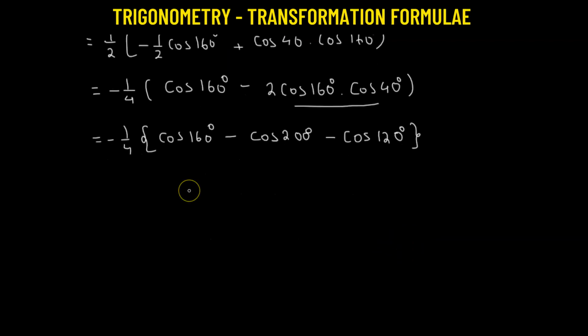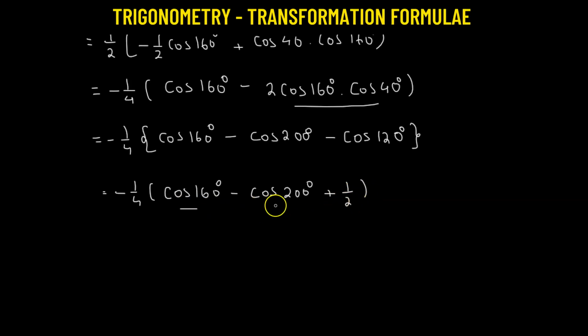Fine. So let's further simplify. Here we get negative 1 over 4 times cosine of 160 degrees minus cosine of 200 degrees. And we have already obtained the value of cosine 120, which came out to be negative half. Since it's negative cosine 120, we get positive 1 half.